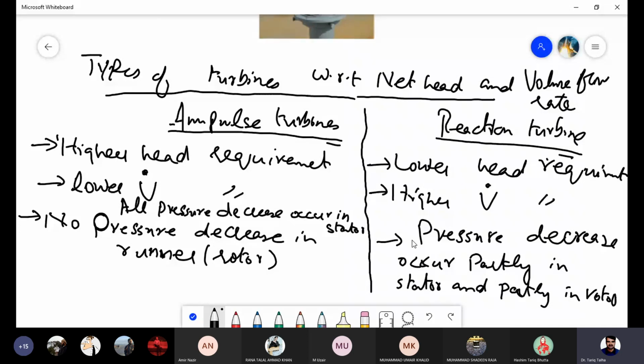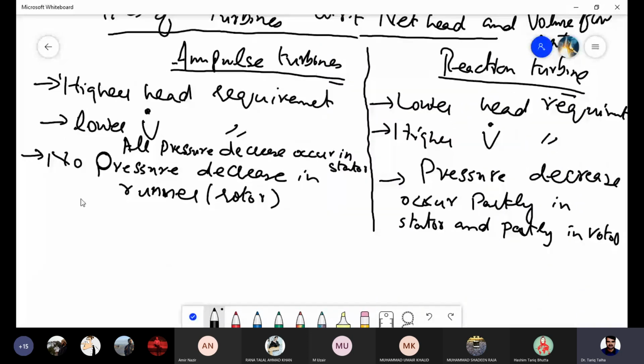Now we are talking about hydro turbines. For the hydro turbine, the biggest example of an impulse turbine is the Pelton wheel, right? And the examples of reaction turbines are Francis turbines and Kaplan turbines.